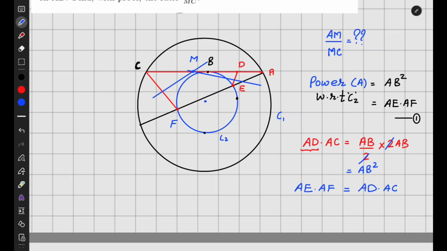And that is what it is saying. The converse will say that through all these 4 points, a circle will pass, right? So it implies that DEFC is concyclic.